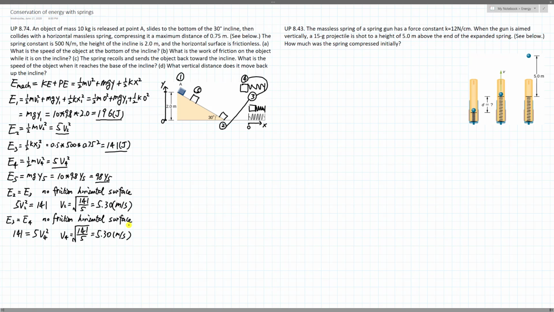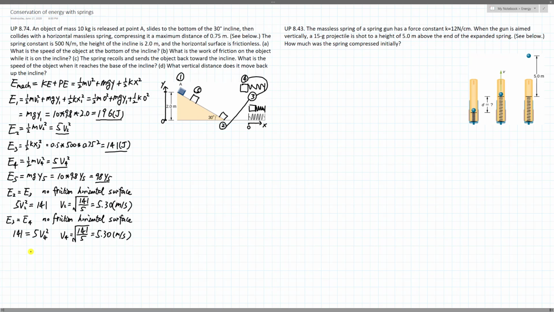The next part should be looking for this more generic sense of energy conservation. Okay, so looking at our answers compared to the questions, we answered part A, the speed of the object at the bottom of the inclined plane. That would be the speed at 2, v2. So we got that, 5.3. And what is the work of the friction? Okay, so we can do that. We can say that between 1 and 2, 1 has more mechanical energy than 2 because friction does work to take energy away.